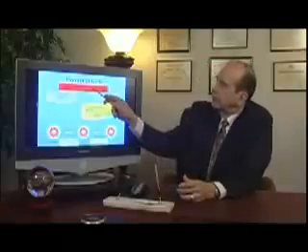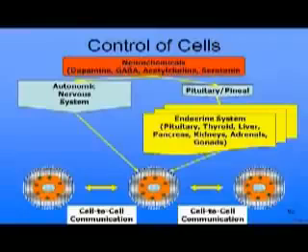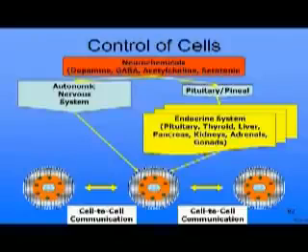So neurochemicals are extremely important, and what you'll find is that essentially everyone who has a chronic illness is deficient in neurochemicals. Now, one of the reasons that's important is not only does it control the way your brain works, it controls all of the cells in your body, because the neurochemicals control the autonomic nervous system, sympathetic and parasympathetic systems, and it also controls your pituitary and pineal systems. Well, the pituitary and pineal control your entire endocrine system, your thyroid, your liver, your pancreas, your kidneys, your adrenals, and your gonads.